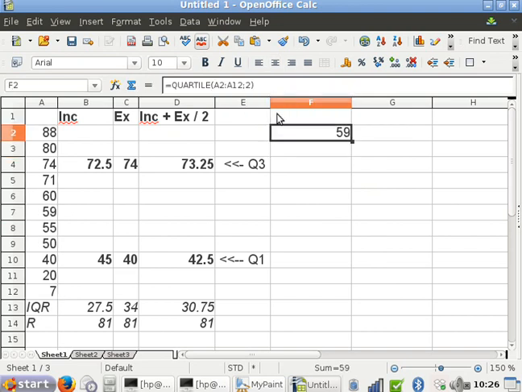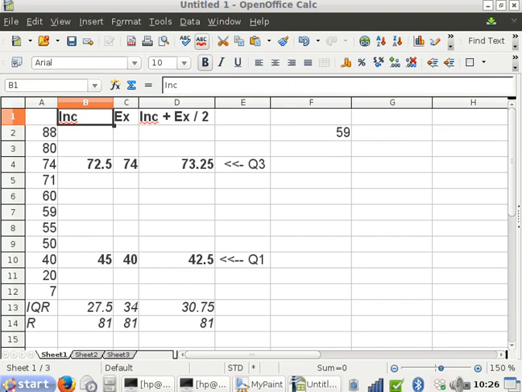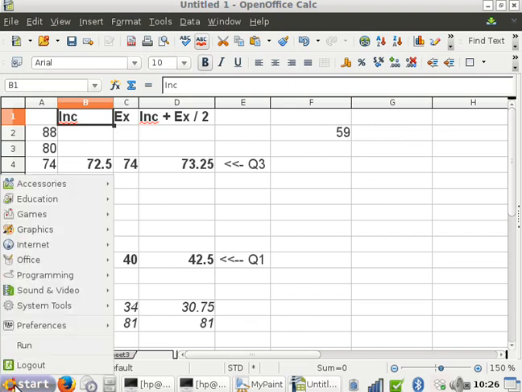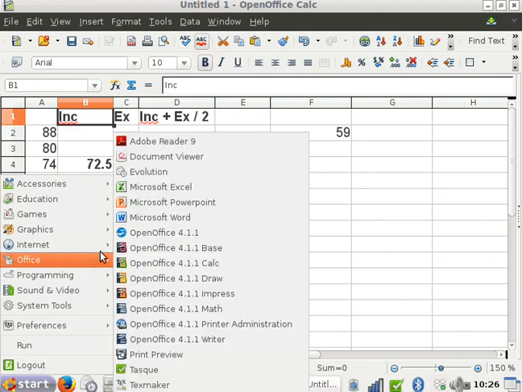Yeah, 59. So I'm actually kind of surprised by that. I would have thought the computer program would have used this method, but it looks like it includes the median method, inclusive method. That's OpenOffice.